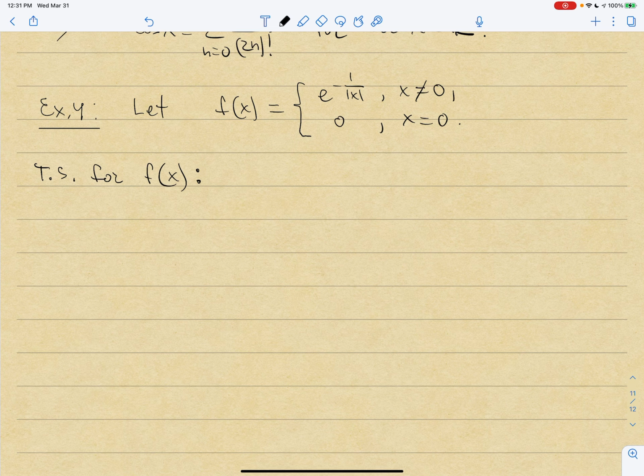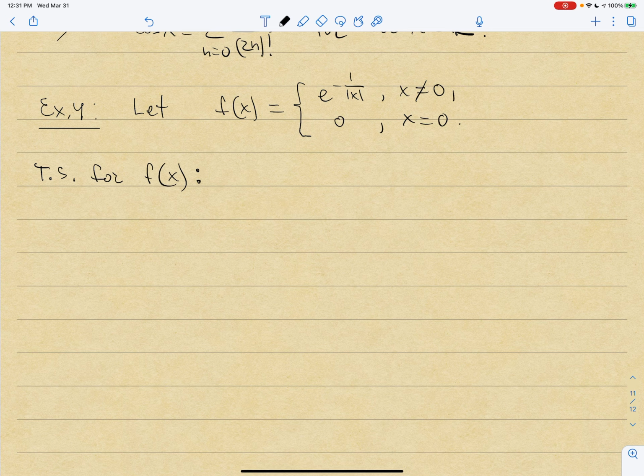Because if x is not equal to 0, then the exponential function is differentiable. And if you're away from 0, then absolute value of x is a differentiable function as well. So a composition of two everywhere differentiable functions is going to be differentiable.